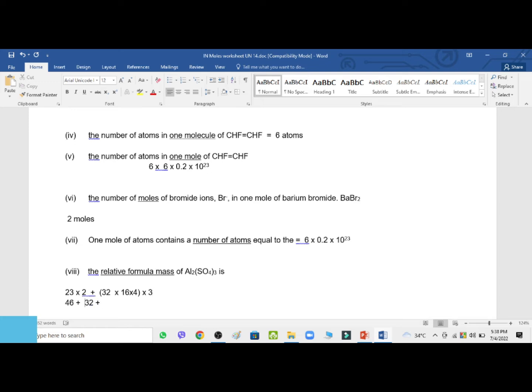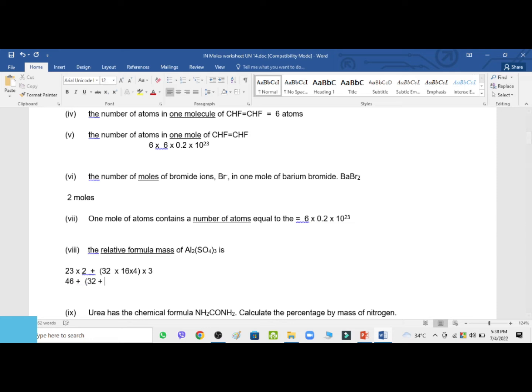Multiplying oxygen with 4, we get 64. Then 32 plus 64 together gives 96, and 96 into 3 is 288.